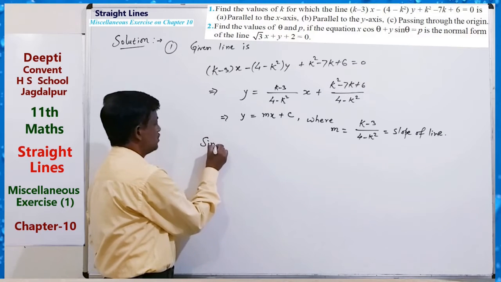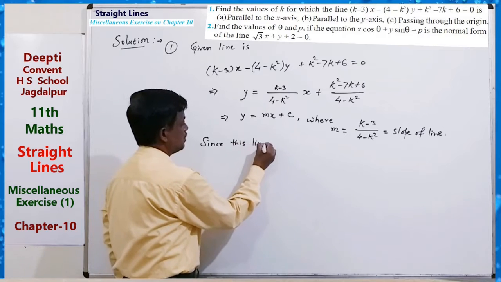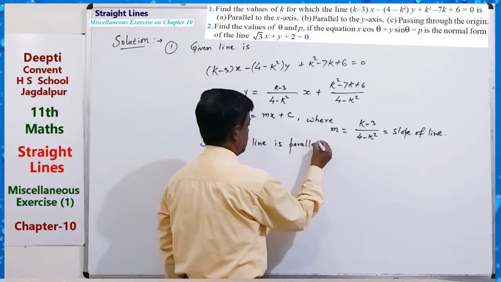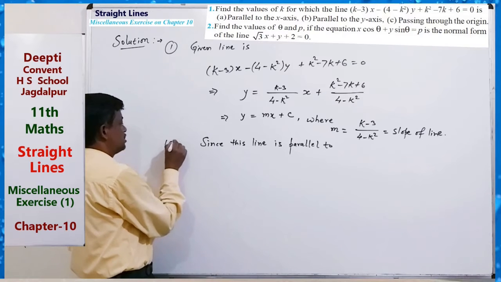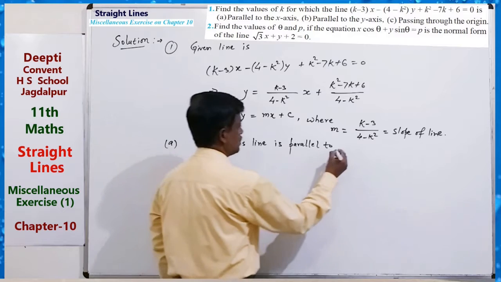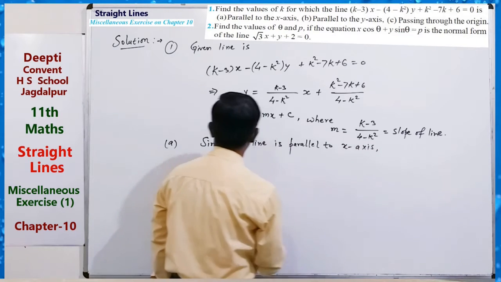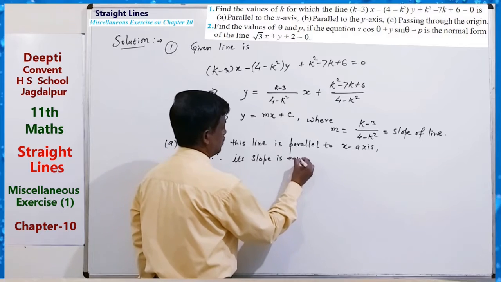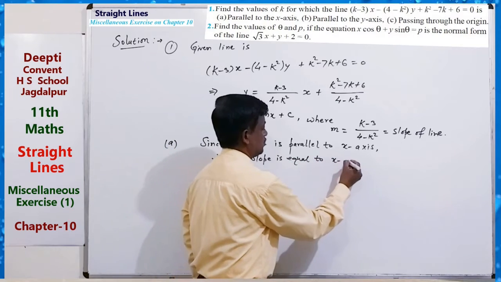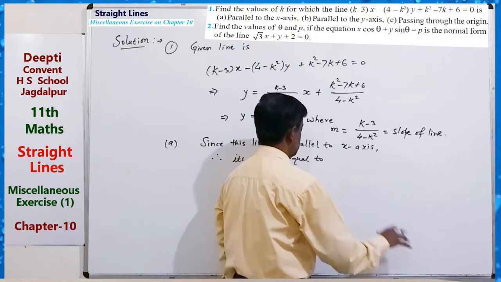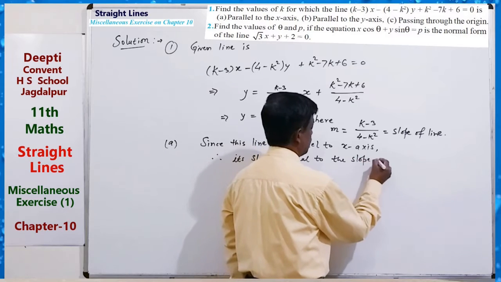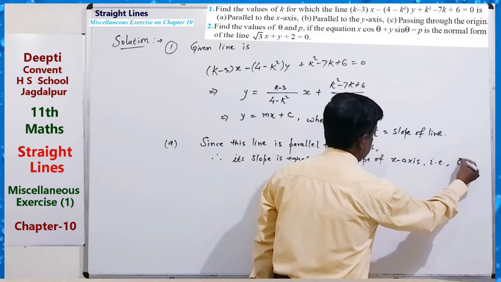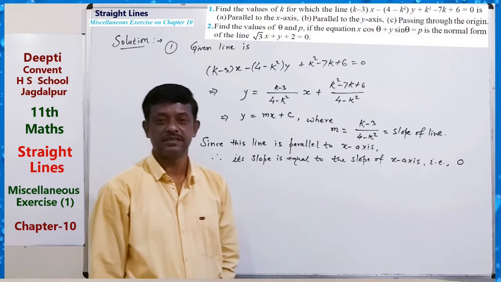Since this line is parallel to the x-axis, its slope is equal to the slope of the x-axis, that is 0, because the slope of the x-axis is 0.